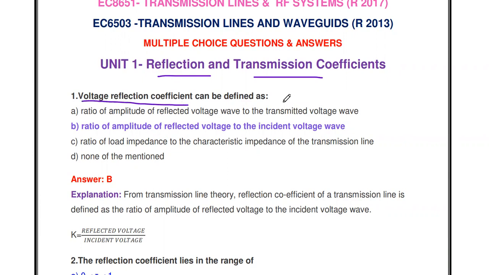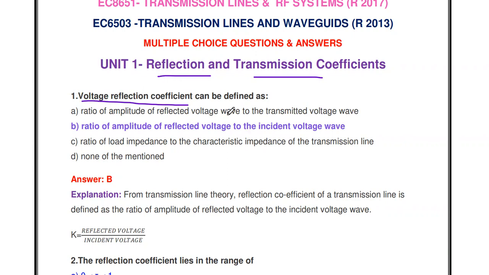In order to measure how much reflection is available in a transmission line, we use a parameter called the voltage reflection coefficient. The options are: ratio of amplitude of reflected voltage wave to the transmitted voltage wave, ratio of amplitude of reflected voltage to the incident voltage, ratio of load impedance to the characteristic impedance, none of the mentioned.